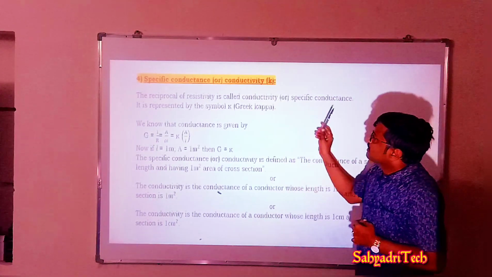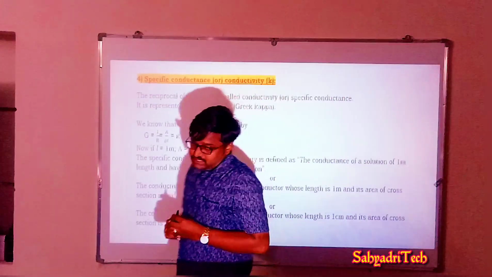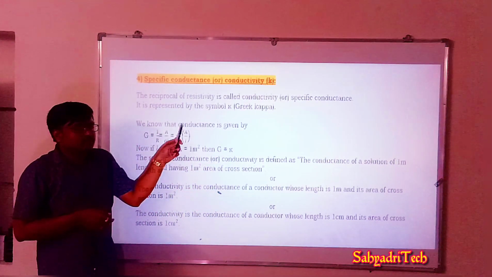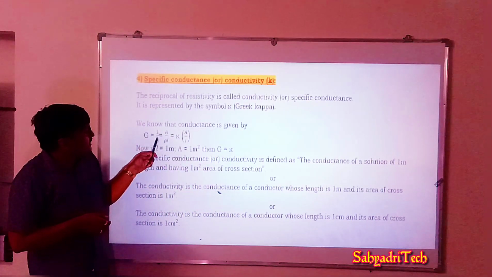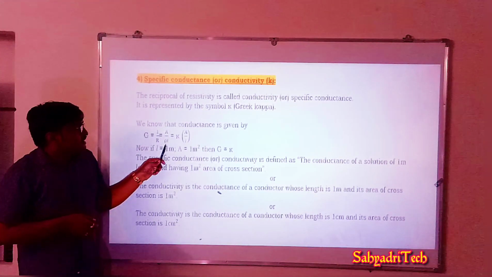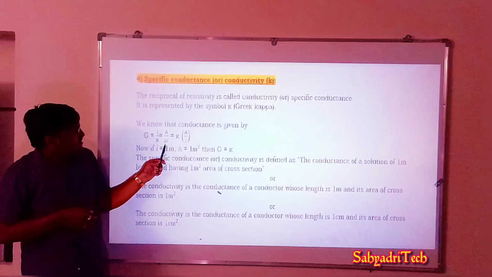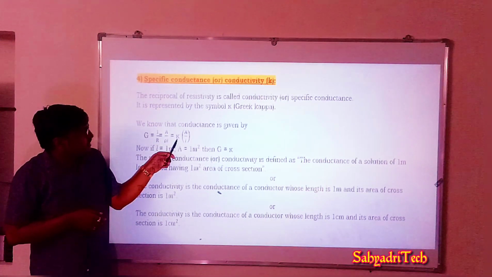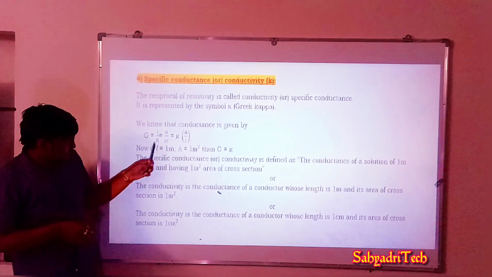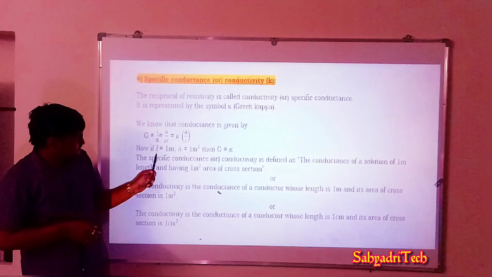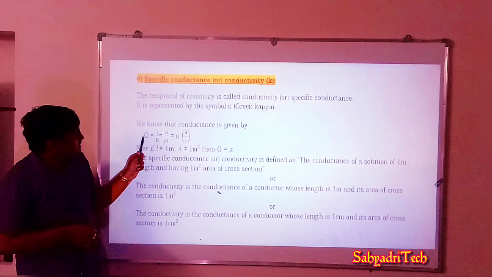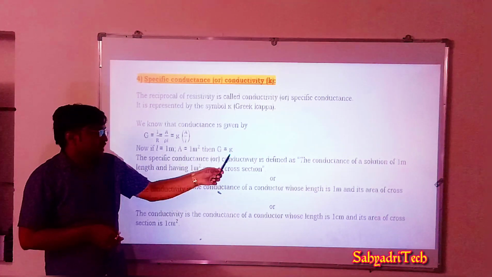Well, then according to the definition, if you want to get a mathematical form, G is equal to 1 by R, or else G is equal to A divided by rho into L, or G is equal to kappa into A by L. Further, if length is 1 meter and area of cross section is 1 meter square, then G becomes equal to kappa.